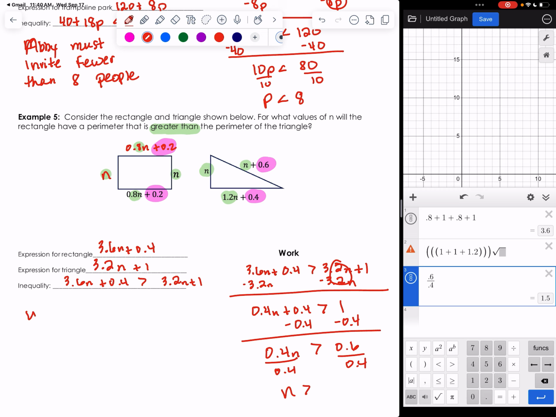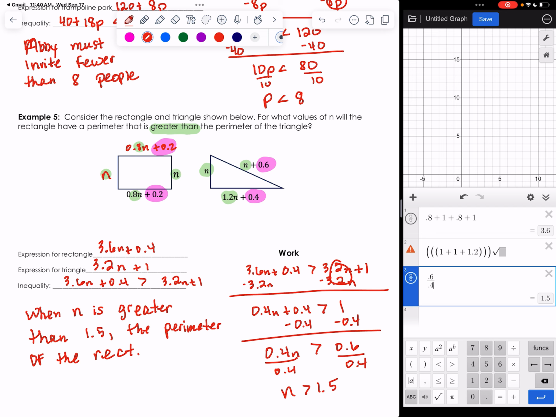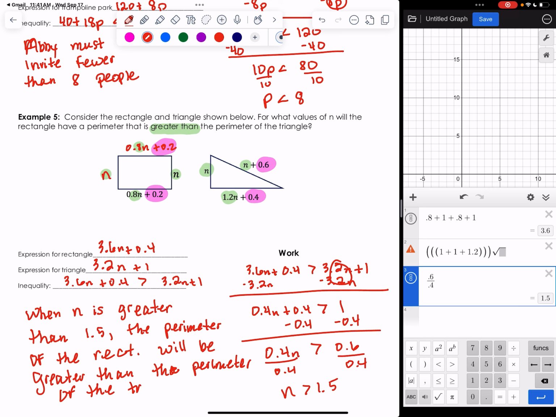So, to write our answer, when n is greater than 1.5, the perimeter of the rectangle will be greater than the perimeter of the triangle.